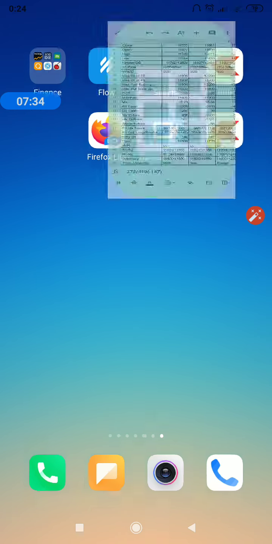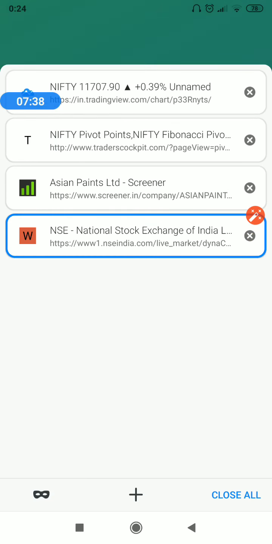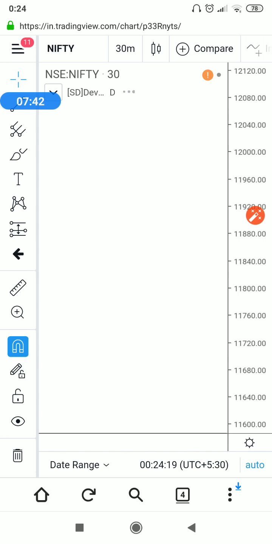Okay, now let's have a look at the central pivot range. This is coming very interesting for today's data. If you see the CPR, whatever you call it, today's data is showing a very narrow range, so we can expect a trending move tomorrow.